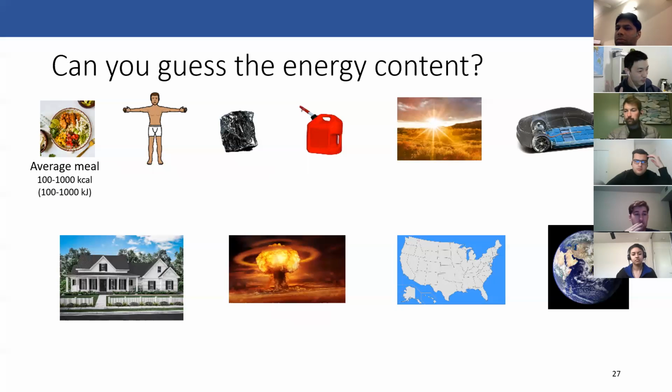So if you said 100,000 to 1,000,000 joules, then you're spot on. A human body is 100 to 1,000 megajoules. You can think of how many meals it would take to build your body.